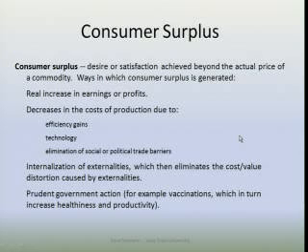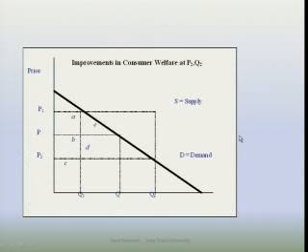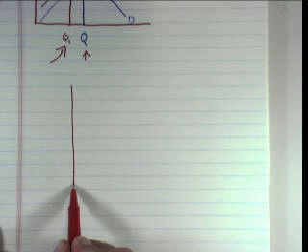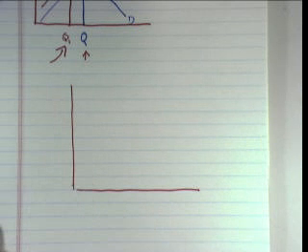So here we have our old graph here, but why don't I just draw one for you? And I'm going to just move this graph up, and I'm going to put the document camera on, and I'm going to make a new supply-demand graph. And I just want to describe this very, very simply. I have a demand curve for something. We're not going to worry about the supply. Here's my demand curve.